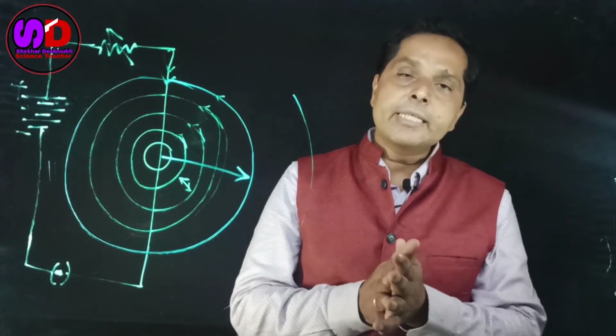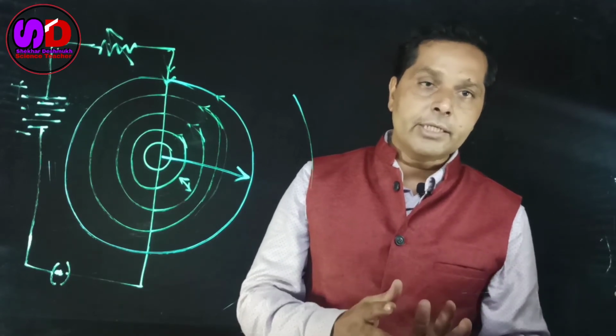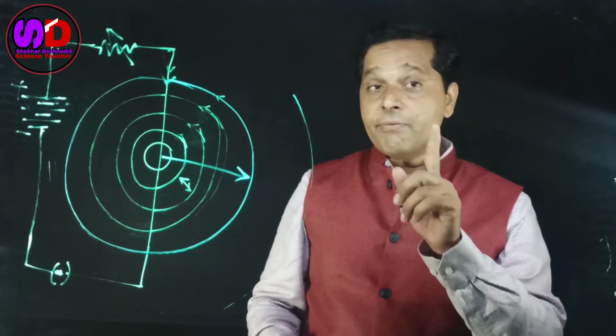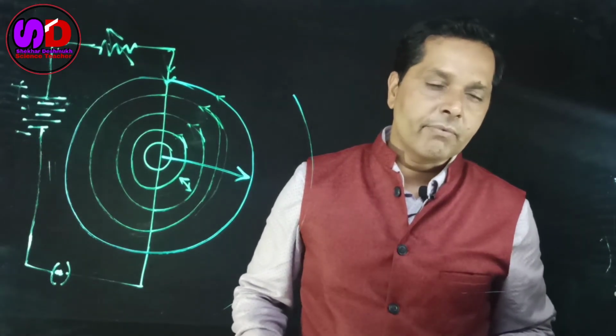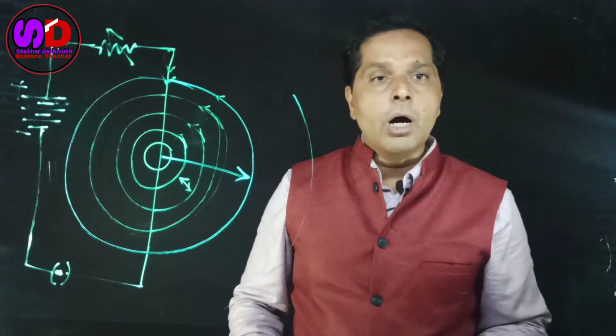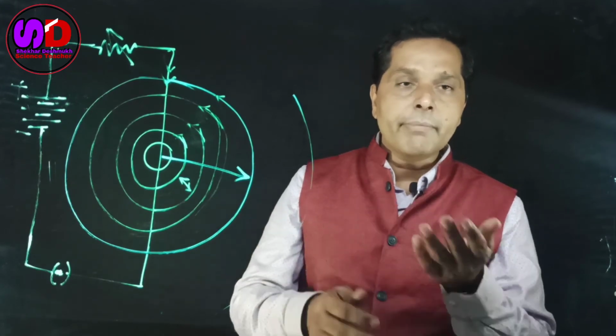So this is about the relation between electricity and magnetism. There is definitely a relation between them, and it is more interesting to know how electricity is generated by using magnetism.